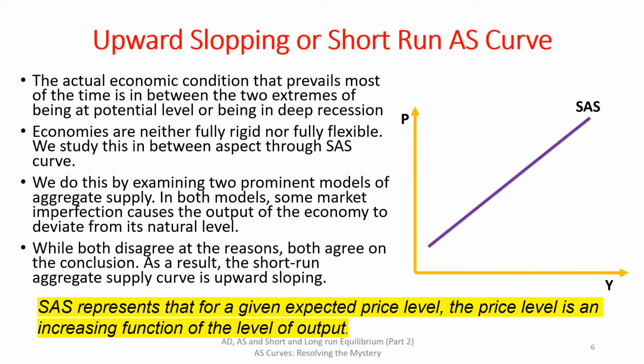This short-run aggregate supply curve shows that for a given expected price level, the price level is positively related to the level of output. Therefore, shifts in aggregate demand curve cause both the output and the price level to fluctuate. These temporary deviations of the output from its natural level represent the boom and bust of business cycle.